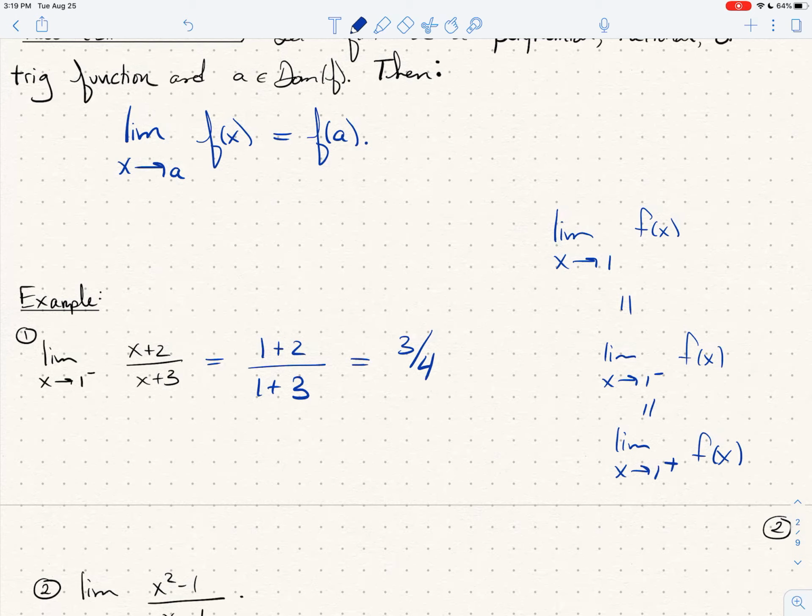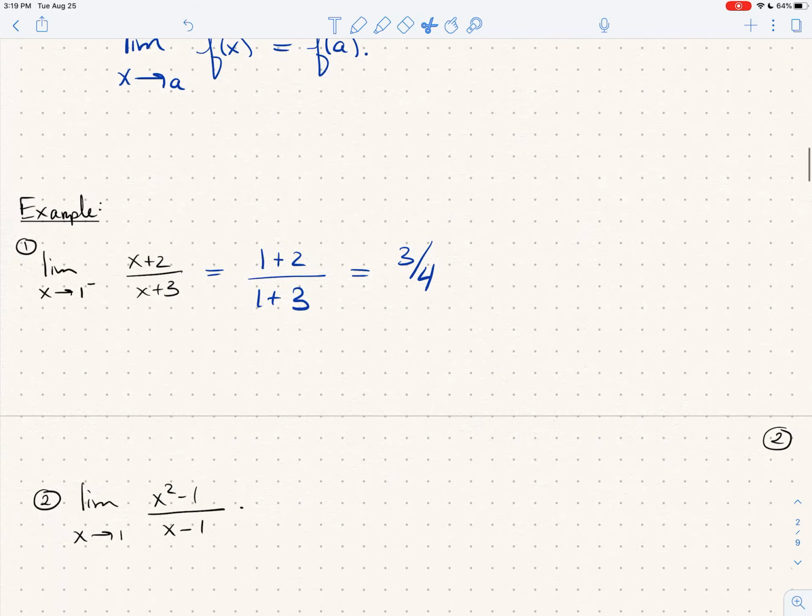And so when I realize if I just ignored the minus sign, the left-hand directional limit, I would get 3/4. And that tells me that that has to be the same thing if I go from the left. And it's going to be the same thing if I go from the right as well. You can sort of ignore the sign, the directional limit, when you know the full limit actually exists, which we do in this case because this is a rational function.